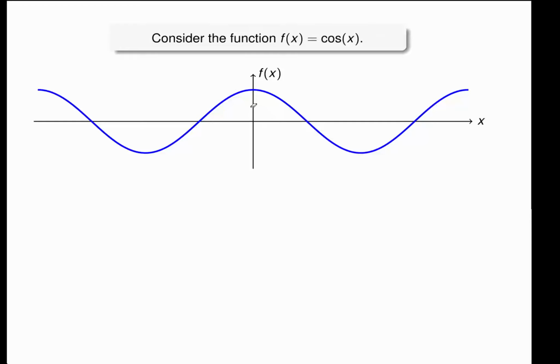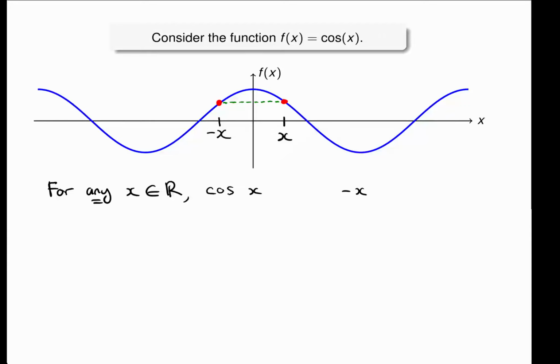This means for any value of x in the domain, if you look at its reflection about the y-axis, in other words, negative x, then their y values are the same.